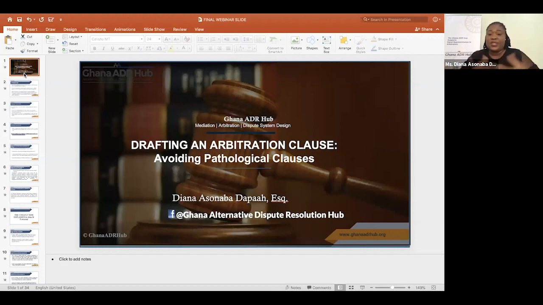So what I'm seeking to do here is to point out the pathological clauses that contracting parties should avoid as much as possible, and also give some guidelines. As I go through some of the clauses that you should try and avoid, I'll give you examples. These examples have been taken from actual agreements of parties so that we don't fall into the same pitfall. And finally, at the end of the presentation, I will set out recommended arbitration clauses for parties to adopt to suit the circumstances of each case.